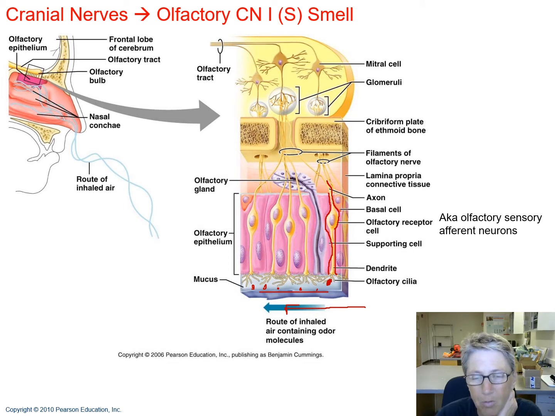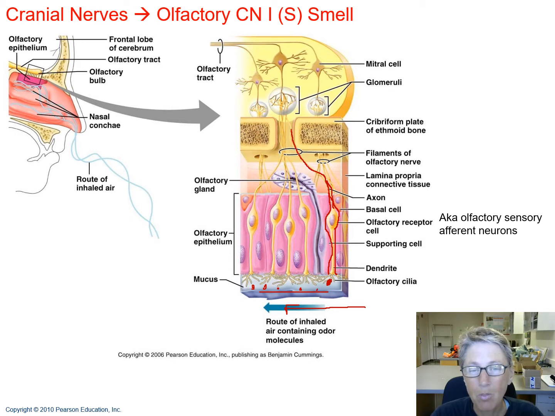Kind of those three things are kind of the same. And then if enough odorants bind, or they bind strongly enough, the information about the odorant molecule binding will travel as an action potential along the axon of our olfactory sensory afferent neuron.